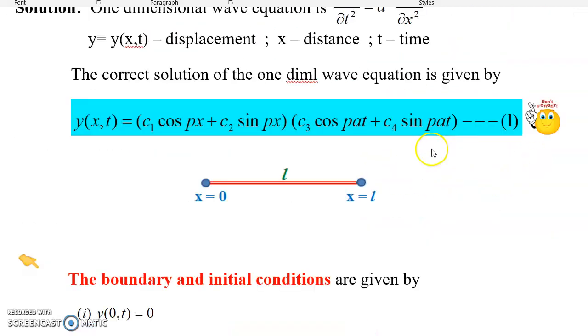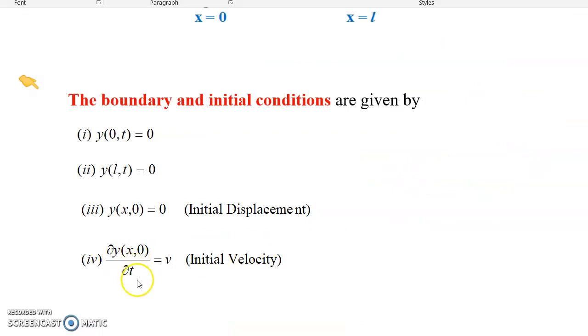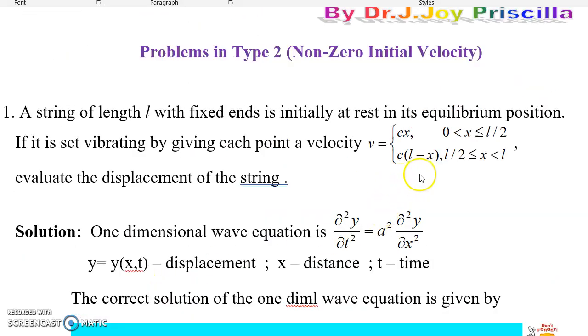That's why we have written here ∂y/∂t at (x,0), because velocity means rate of change of displacement. Since y is the displacement, ∂y/∂t is the rate of change of displacement that denotes the velocity. Since it is initial, we write x comma 0. The word initial means at time t = 0. This is given by the velocity v. Actually, this is the function given here.